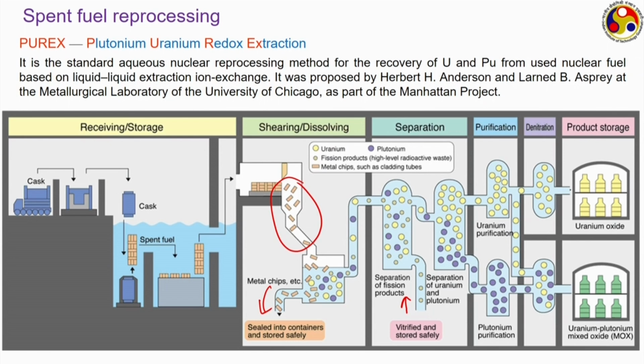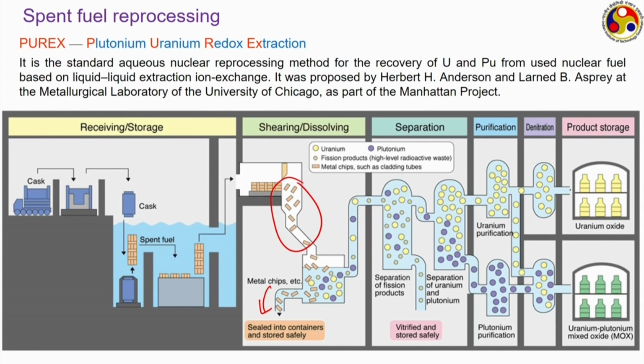The fission products which are separated in this block are then stored in suitable containers and go for long term storage. We shall be discussing the storage of the waste product in our last module. But the uranium and plutonium that we have go for purification, where they are also separated from each other, generally using some kind of chemical procedure.